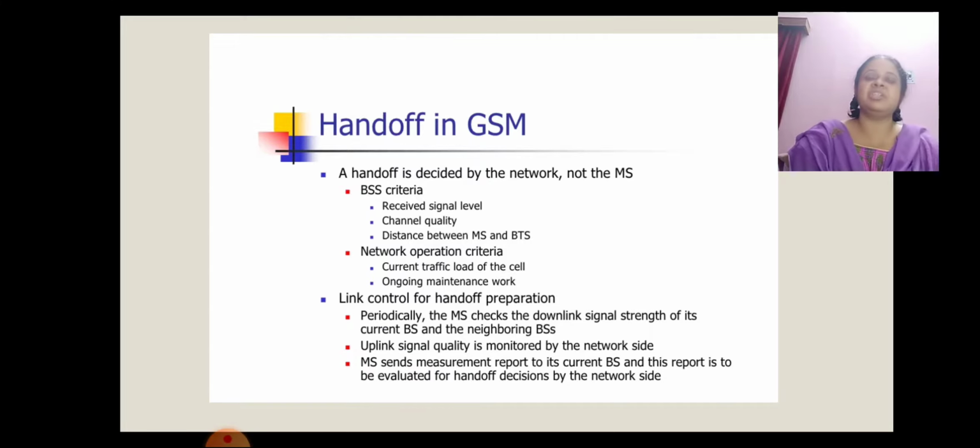Handoff in GSM. We will learn how the handoff process is carried out in GSM. Handoff is decided by the network, not the mobile station. In GSM, it is the network which decides when to perform the handoff operation.